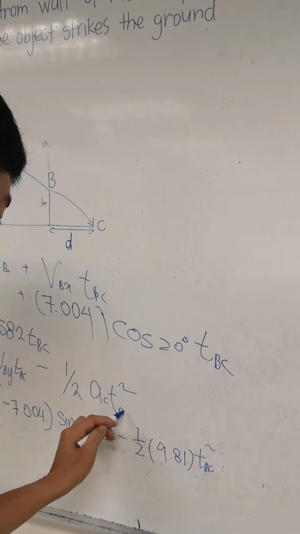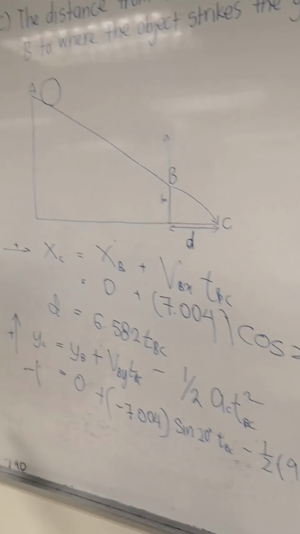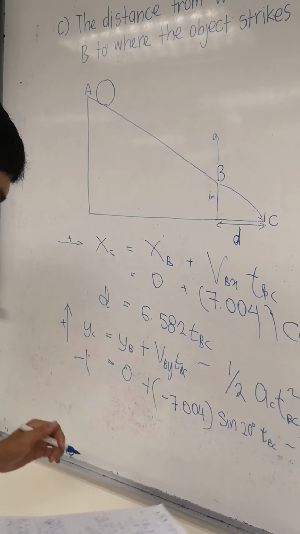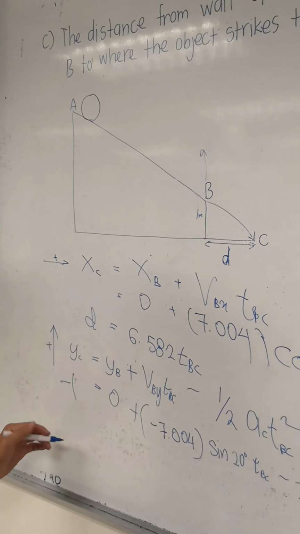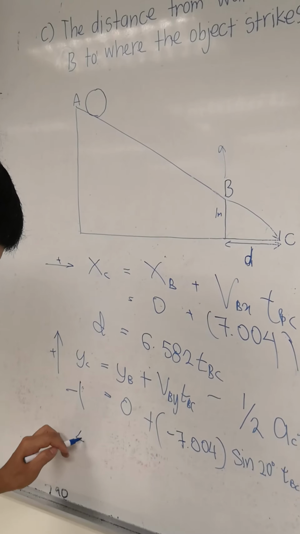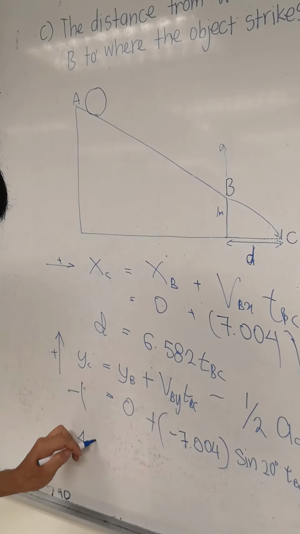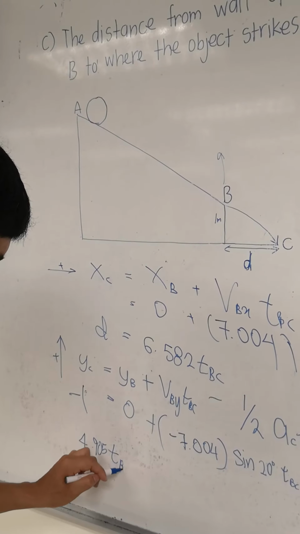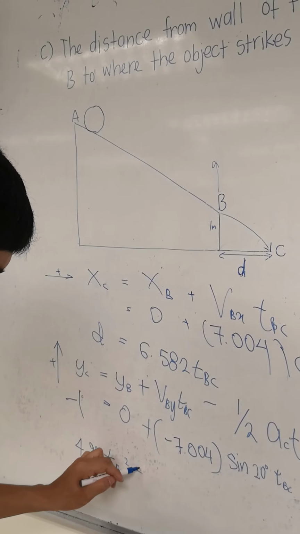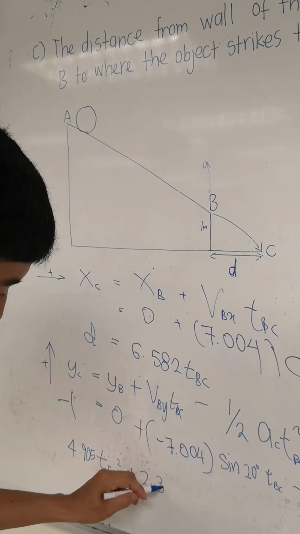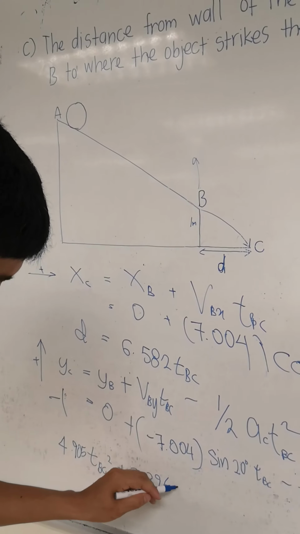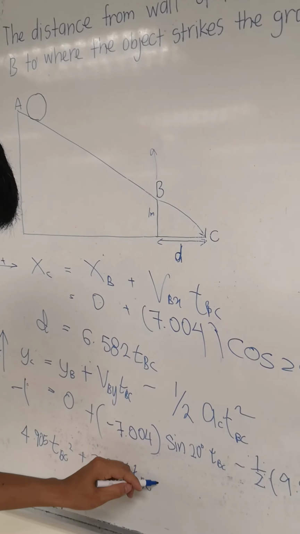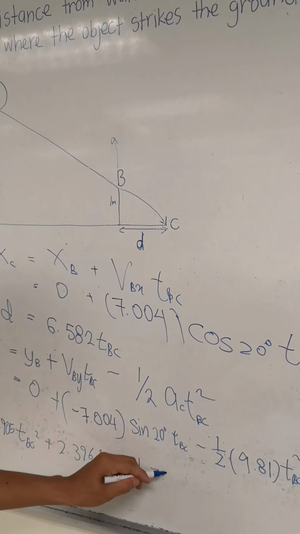After we calculate all these, we get an equation in terms of t: 4.905 tBC squared plus 2.396 tBC minus 1 is equal to 0.